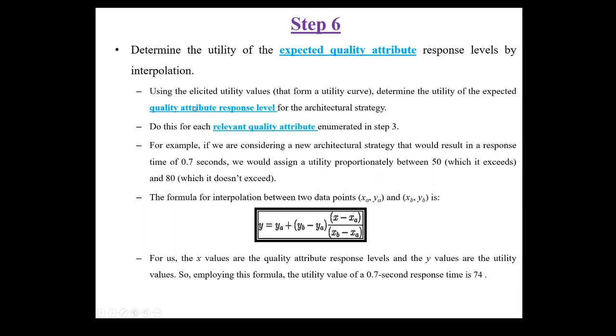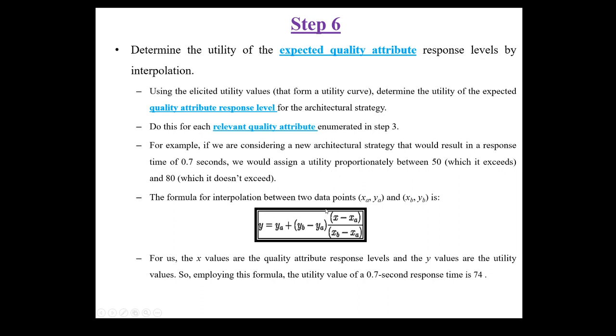This level can be elicited from the utility levels, and the relevant quality attribute should be assigned as explained in step 3. For example, considering a new architectural strategy that would result in a response time of 0.7 seconds, we can assign the utility proportionally between 50 and 80.